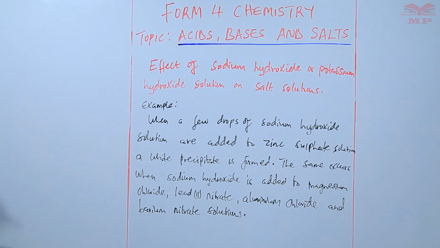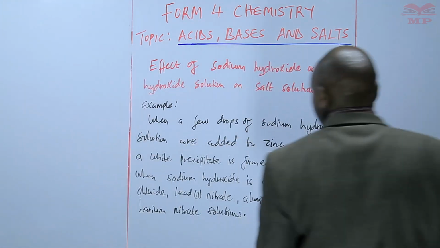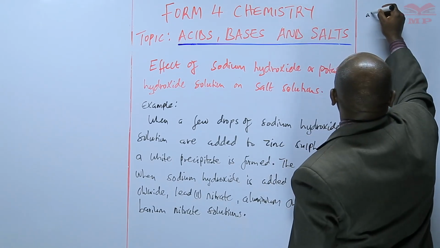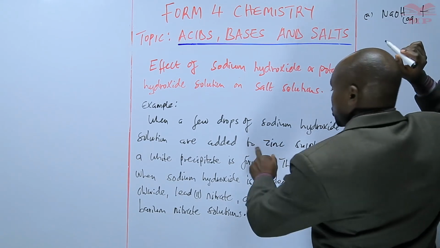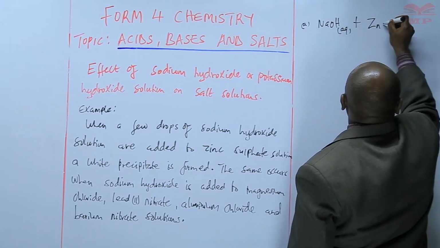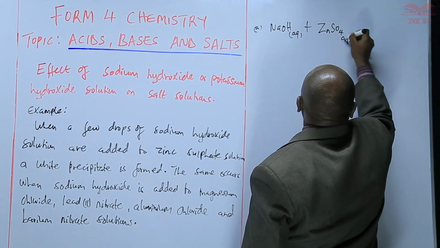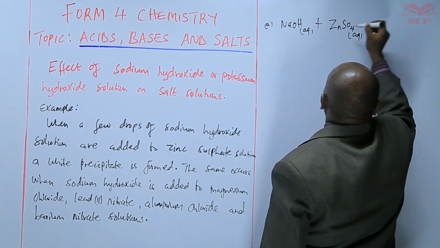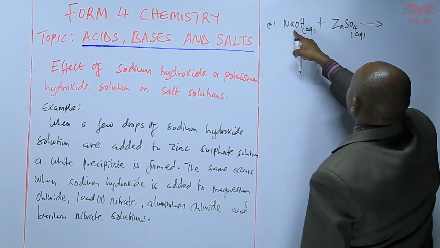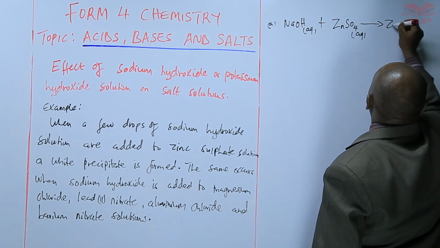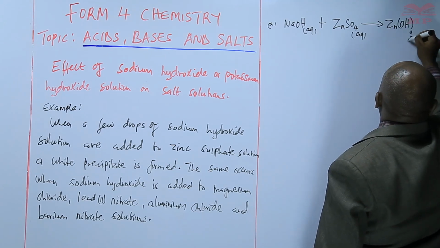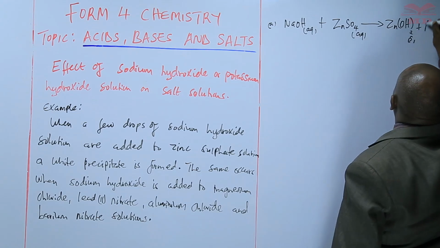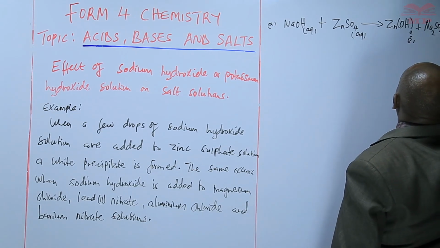So we'll show these in the form of equations. Sodium hydroxide is added to zinc sulfate, and we get sodium sulfate and zinc hydroxide, plus sodium sulfate, which is a solution.